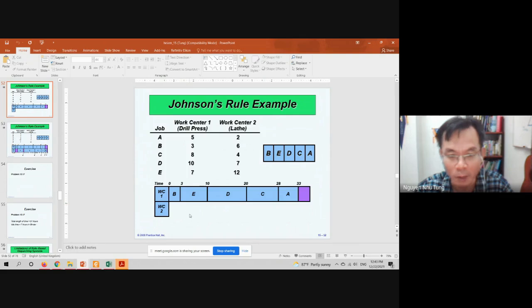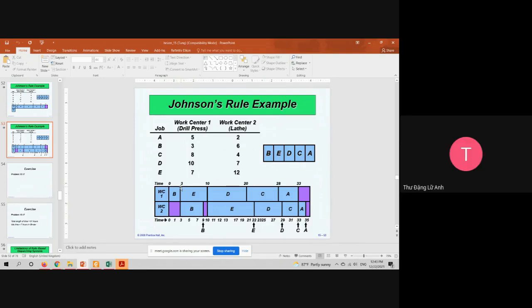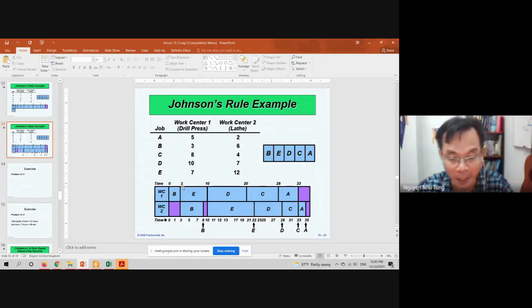So it means that the drying machine is idle while the job is being processed in the washing machine. If the washing time in the washing machine is 3, then the idle time of the drying machine is 3.